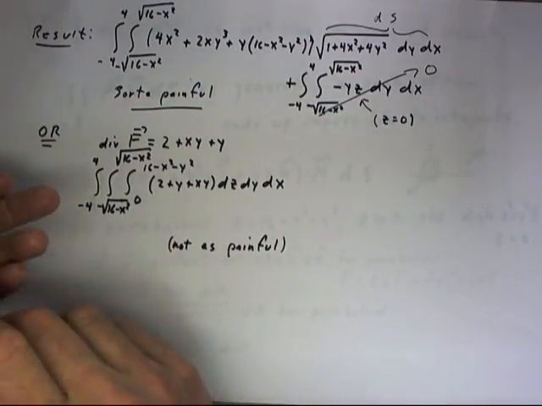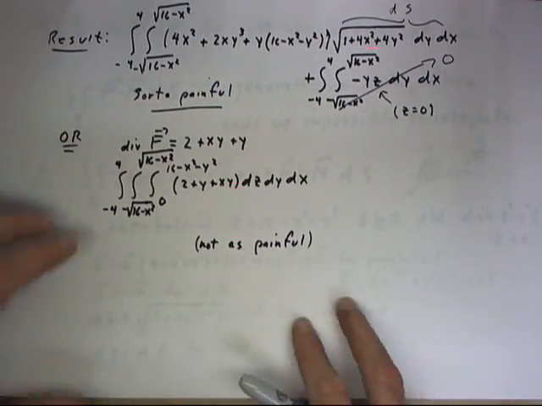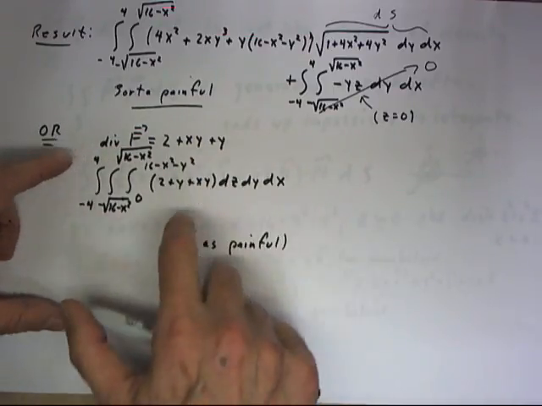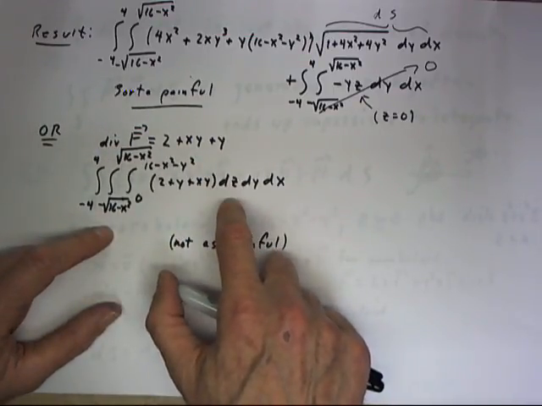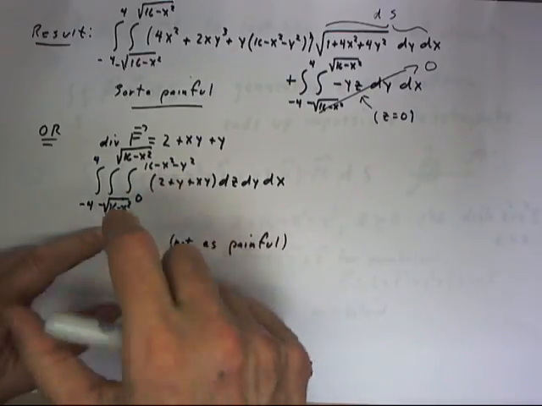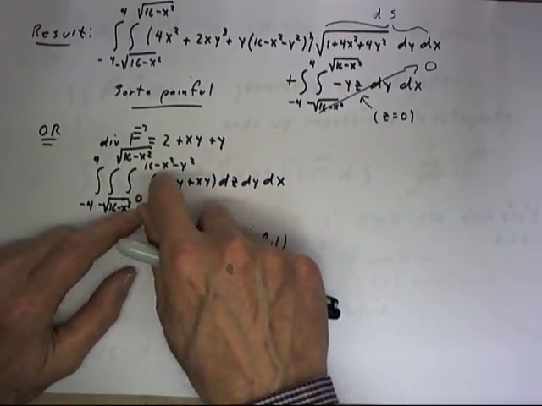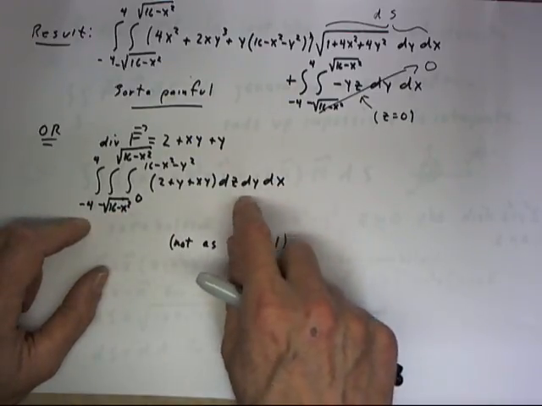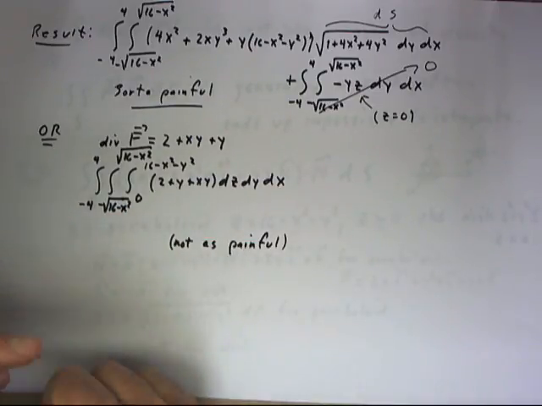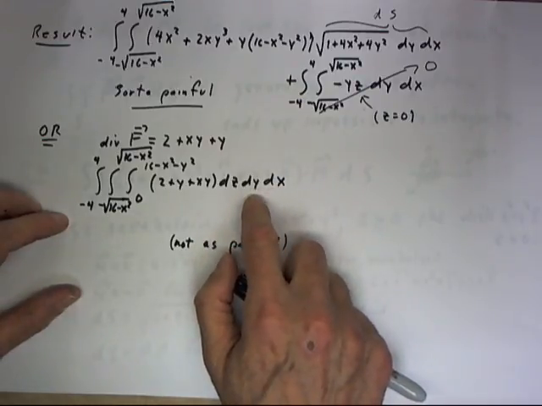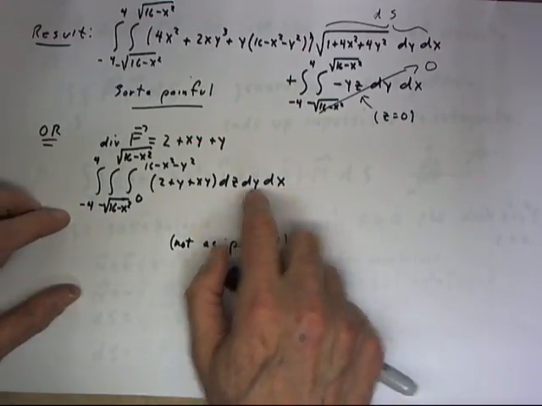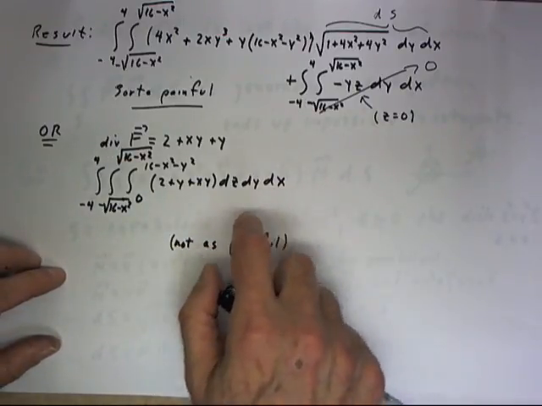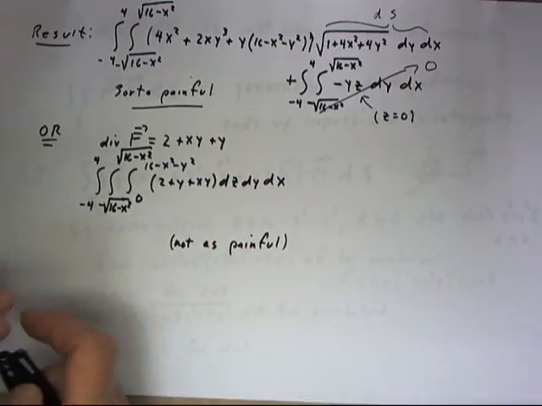Our alternative, we can simply write the expression for the divergence and integrate this over the entire volume region, where z goes from 0 up to the paraboloid. Y and x are described by the inequalities that give us these limits on the integral, and that's very straightforward and should be familiar by now.